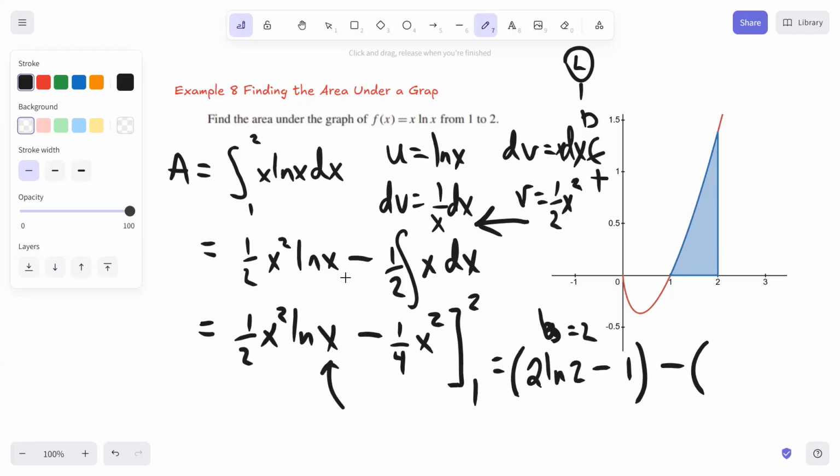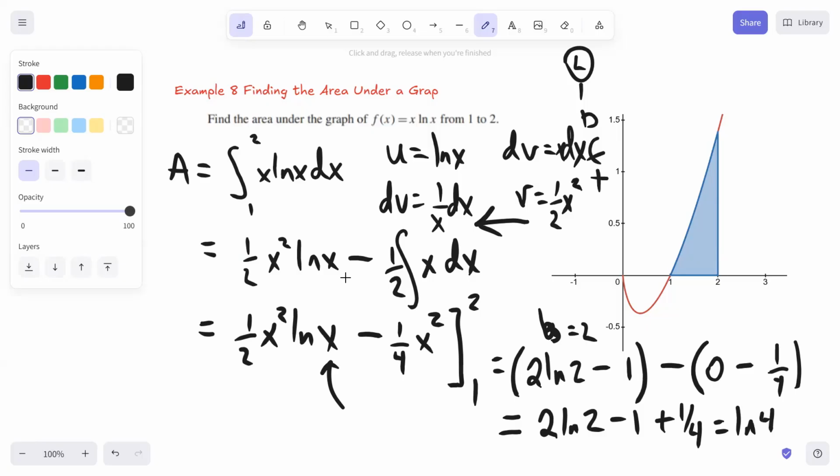Natural log of 1 is going to be 0, minus 1/4 of 1 squared is 1/4. So we would have 2 natural log 2 minus 1 plus 1/4. And 2 natural log 2 we could write as natural log 2 squared, or natural log of 4 minus 3/4.